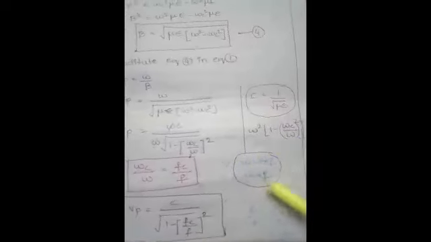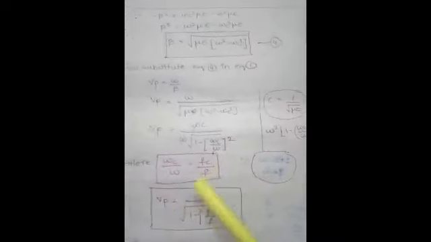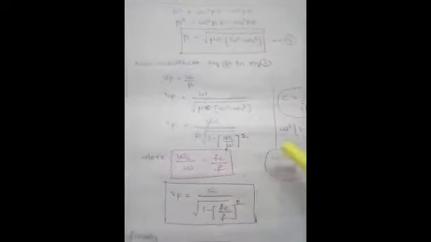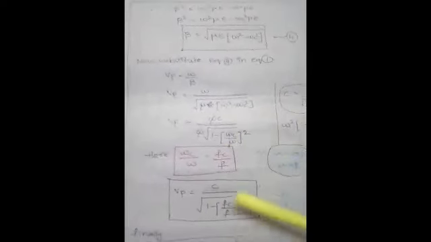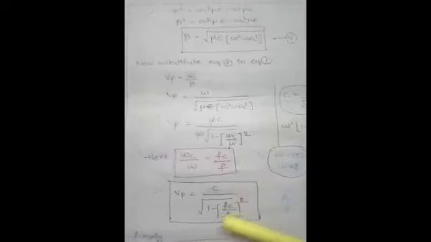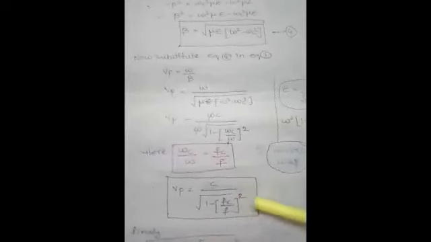As we all know that omega equals 2 pi f and omega is directly proportional to f, we can write omega c as fc and omega as f. Then we can replace it in the term omega c by omega whole square, which becomes Vp equal to c by root over 1 minus fc by f whole square.